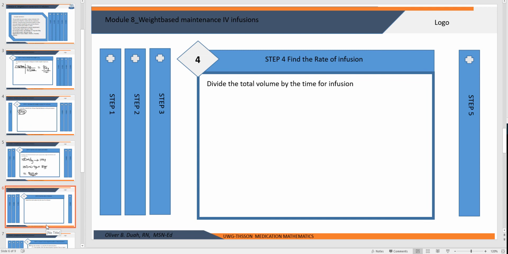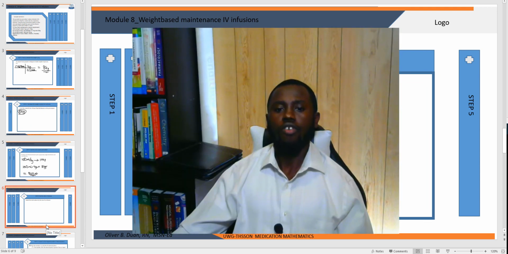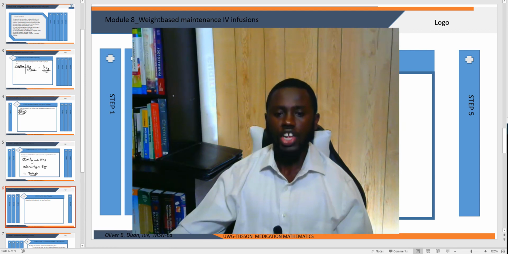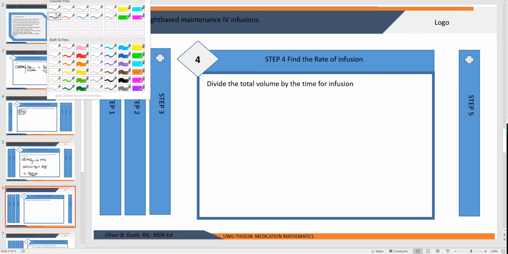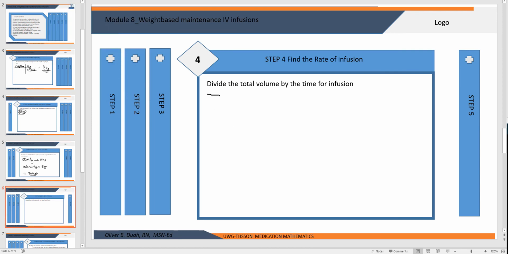Then we move on to step 4. Step 4 is to find the infusion rate, and we do this by dividing the total volume by the time for infusion. For maintenance fluids, we know that this is going to infuse over 24 hours. Do we know our total volume?